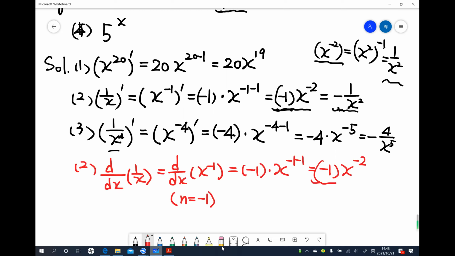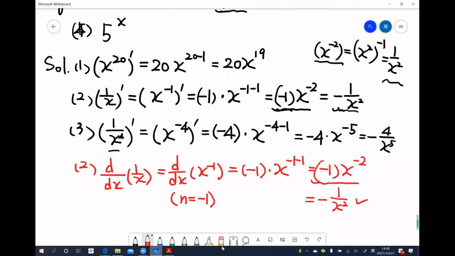For this expression, we often write minus 1 by x squared. They are equivalent, but we always write like this. It is clearer to see, right? So this is the result of number 2. Can you understand number 2?